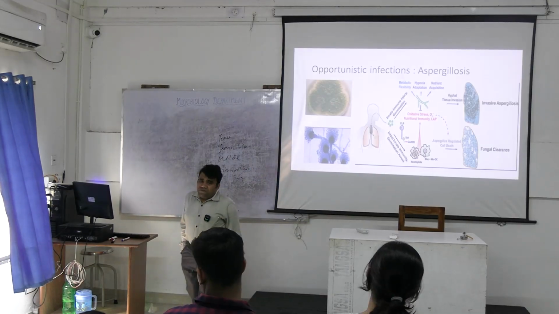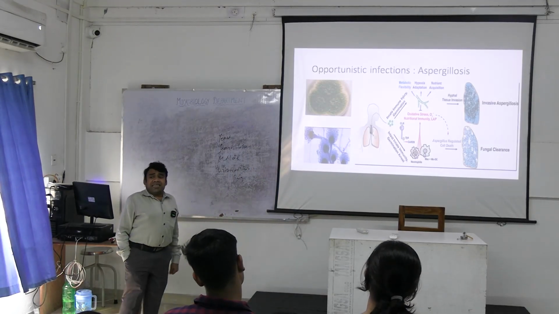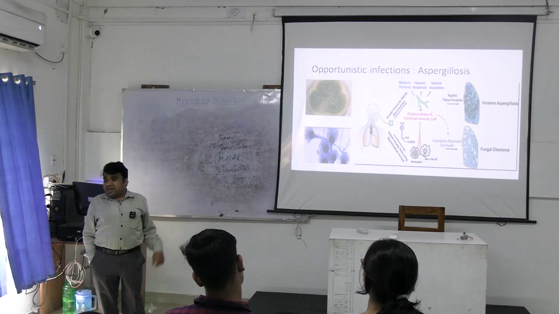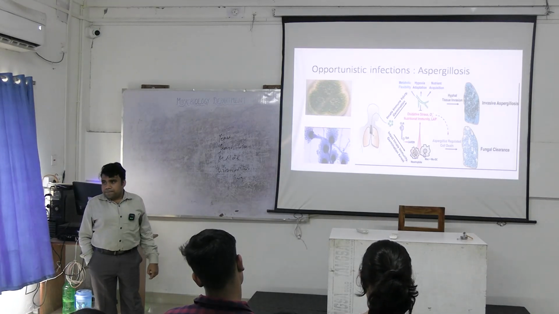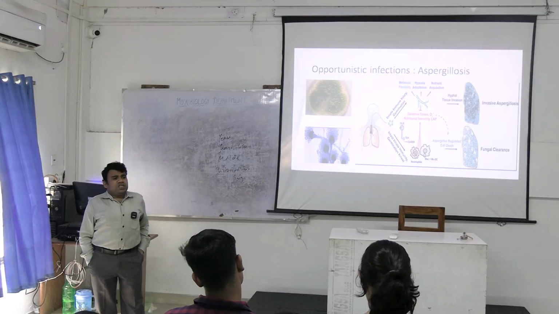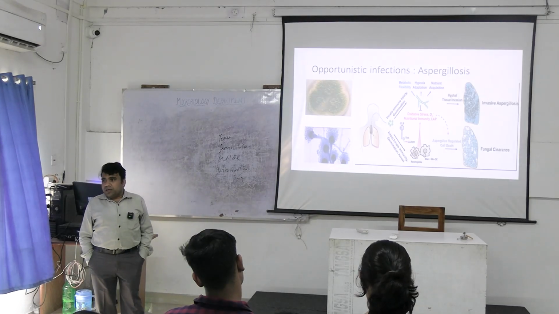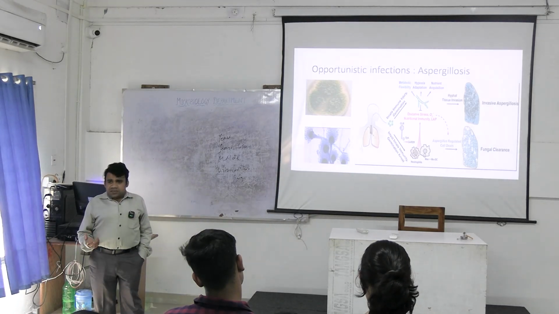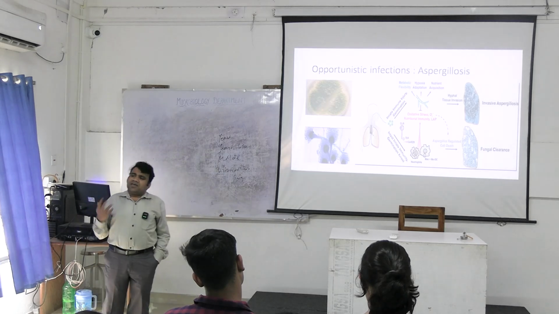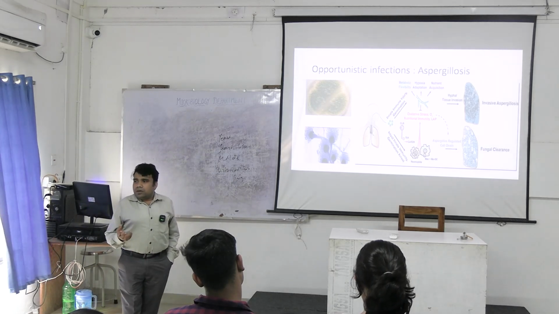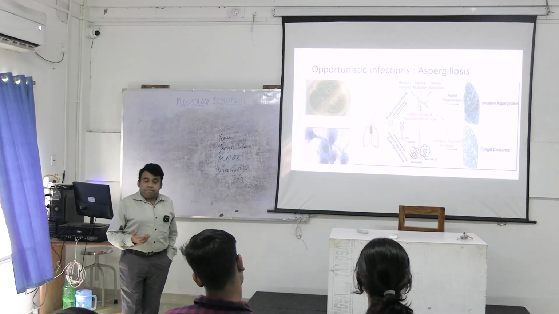Now, a feature of Aspergillus is that they can penetrate into the blood vessels. This is called the angio-invasive property. Angio means vessels, invasion means they can invade into the vessels. And if they can invade into the vessel, what will happen? The patient will bleed.